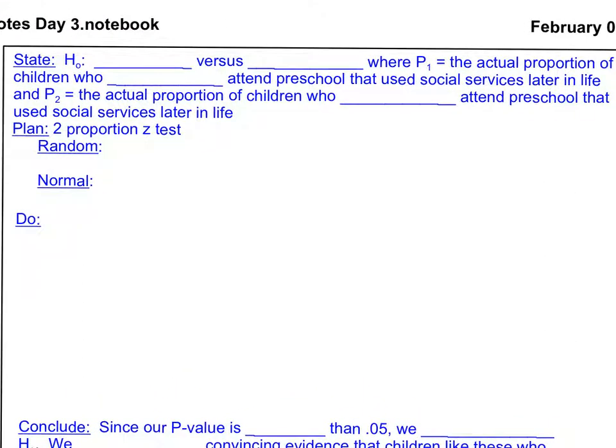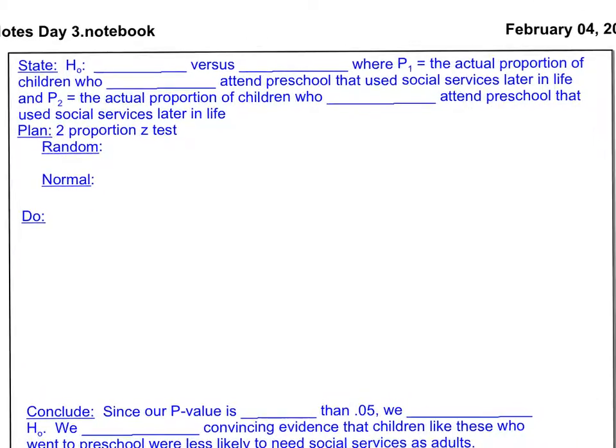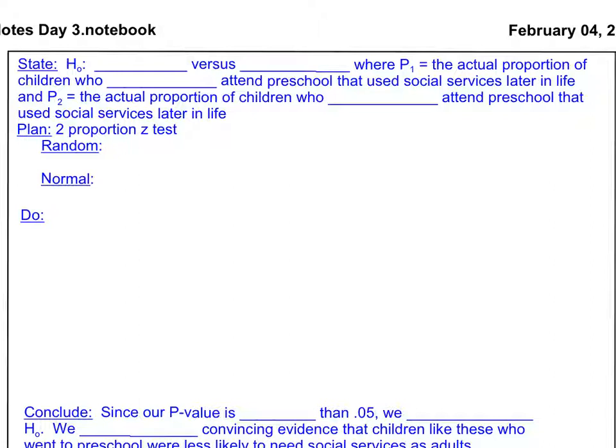So here we go. Now remember, this whole state step, I have to have things set up and the parameters defined to reflect that I think the proportion for the preschool group is going to be lower. Now that's not going to affect H0, which is, as always, just going to say that P1 minus P2 equals 0.